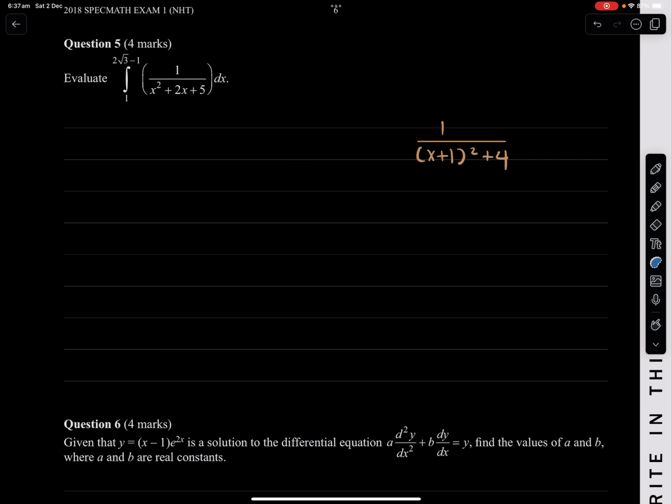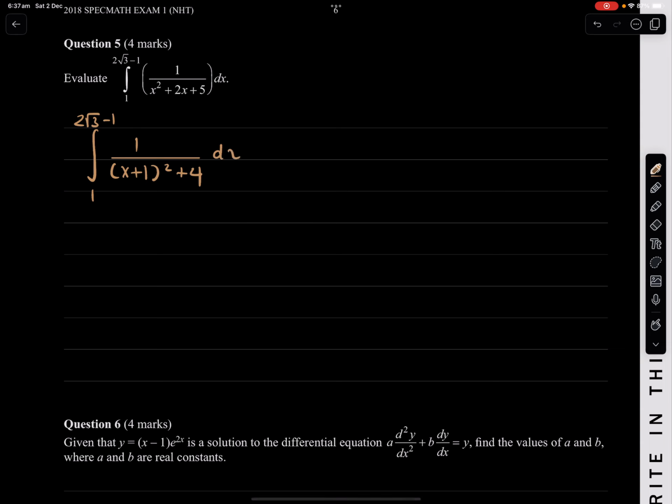So what we're going to do is rewrite this whole expression. The integral from 2 root 3 minus 1 to 1, we'll bring this whole expression over in terms of dx. To make it much simpler, I'm going to use u substitution. Let u equal x plus 1.